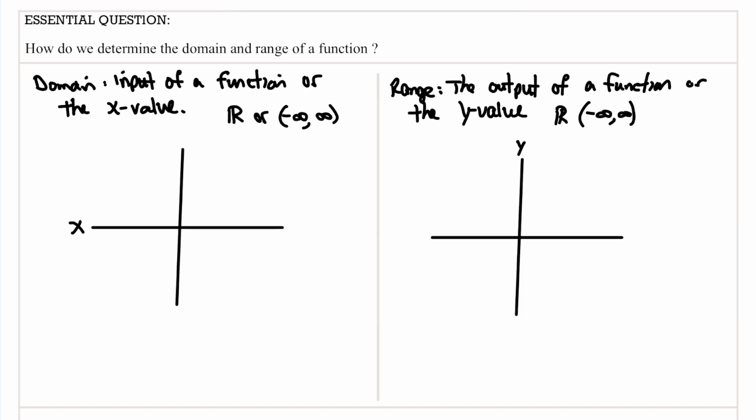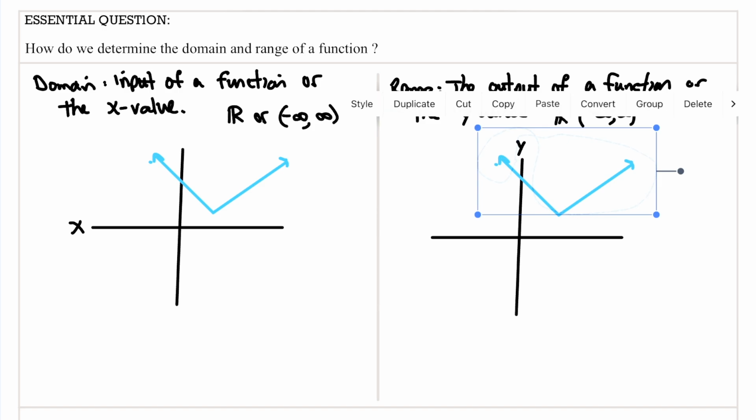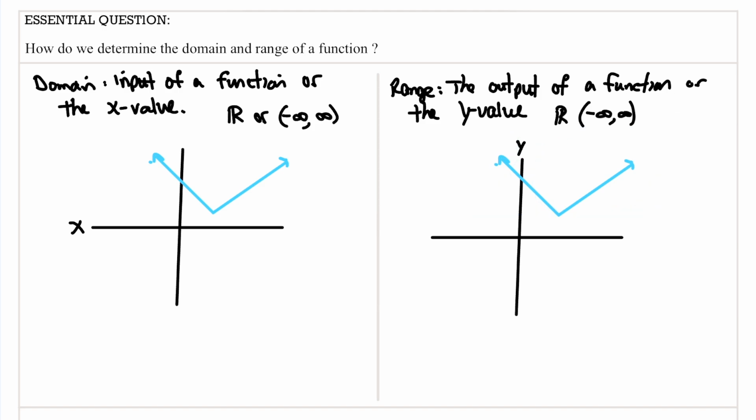So now, let's say we've got this function here. And we'll copy that over. So now, we'll say that this is 2 along the x-axis, and we'll say that that is 1 along the y-axis.